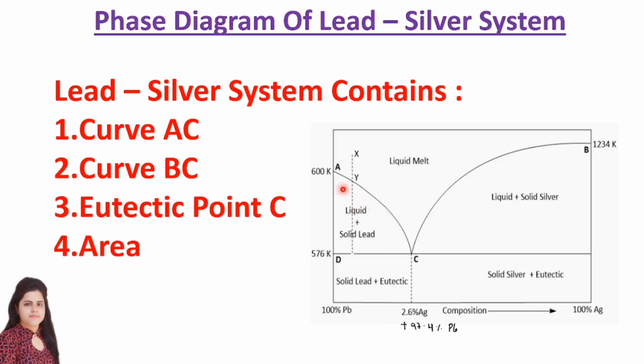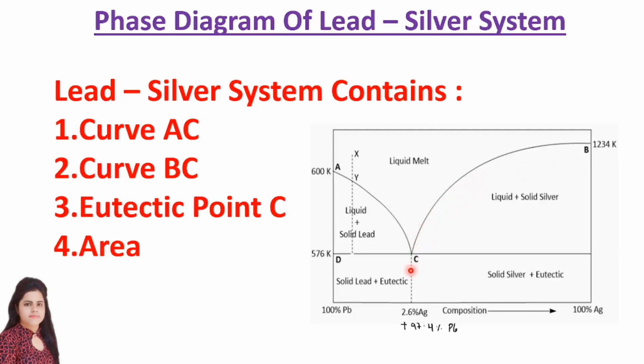So this curve shows the decrease in melting point of pure lead when you add silver metal into it. Then we have curve BC. As I told you, point B shows the melting point of silver in the pure state, but if you add lead metal into it, its melting point also decreases. So this curve shows how it is decreasing.